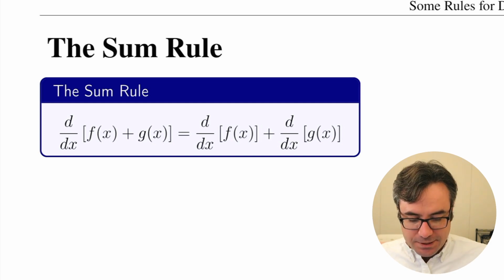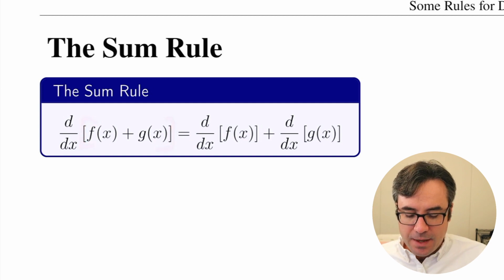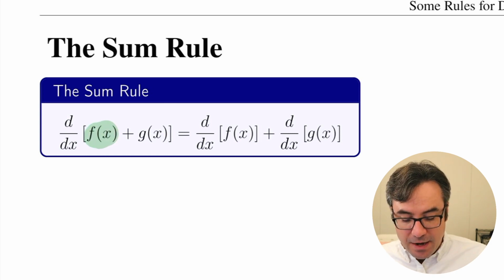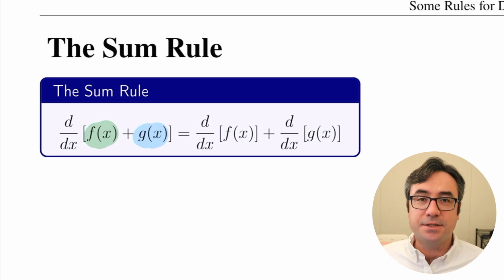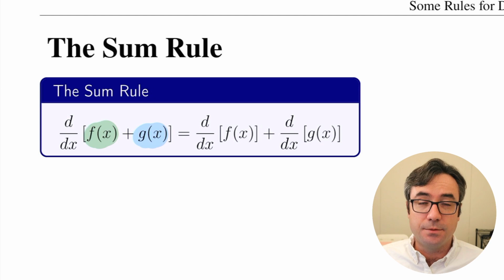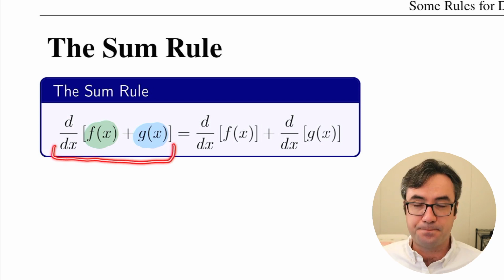So what does this rule say? It says we're trying to do the derivative of everything inside the brackets here. And what we have are 2 different terms. There's a variable term f of x, and then another variable term g of x, and we're adding those 2 variable terms together. And we want to differentiate this whole thing.